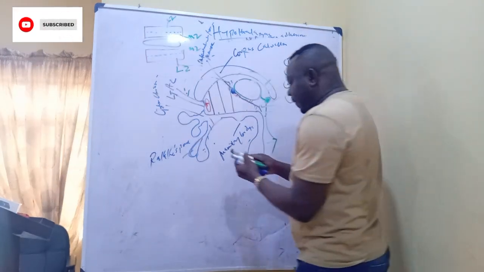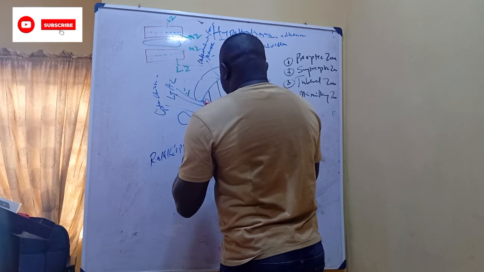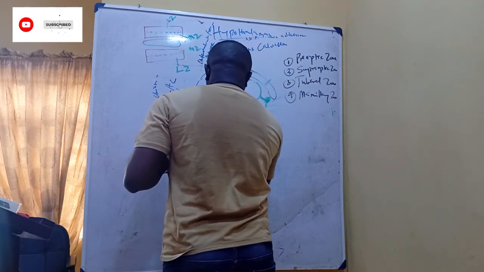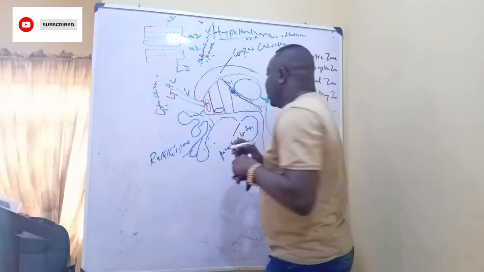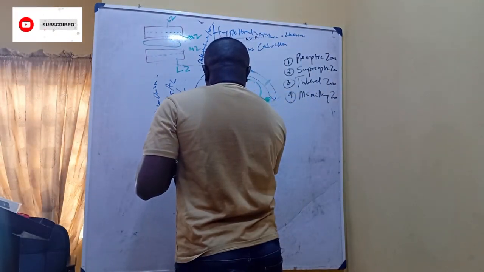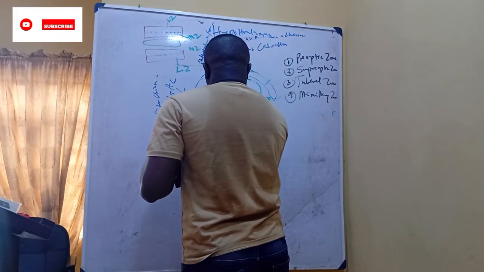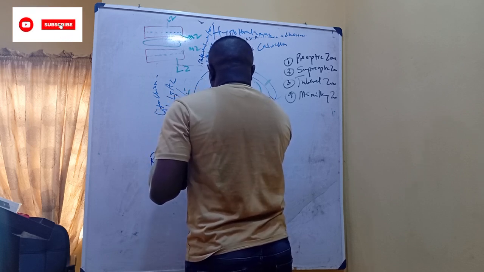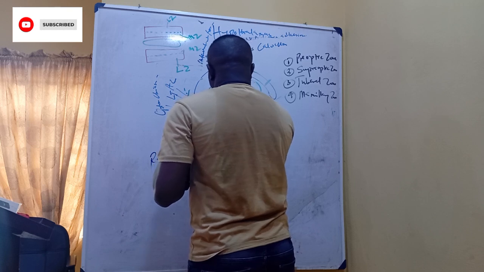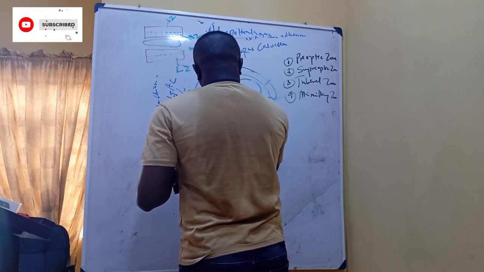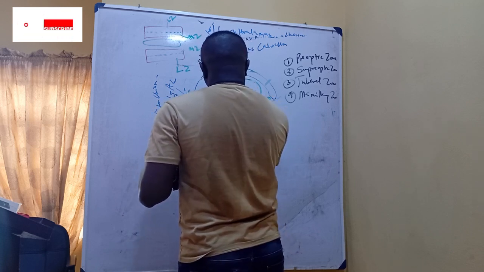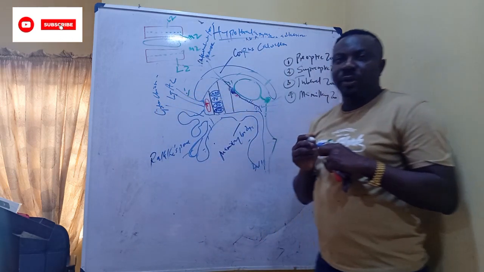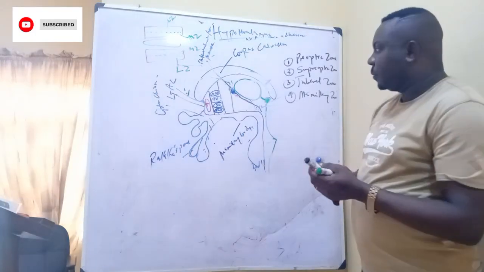We have four nuclei. The first one is called the suprachiasmatic nucleus. The second is the supraoptic nucleus. The third is the paraventricular nucleus. And the fourth is the anterior hypothalamic nucleus. Are you there? Yes, sir.